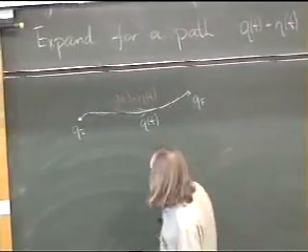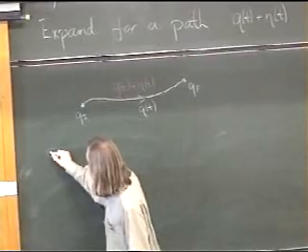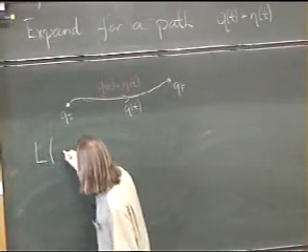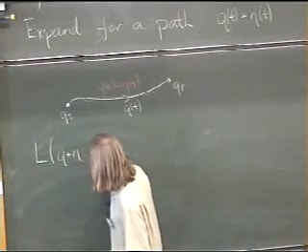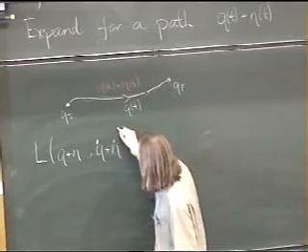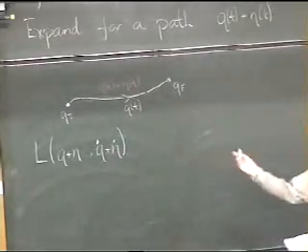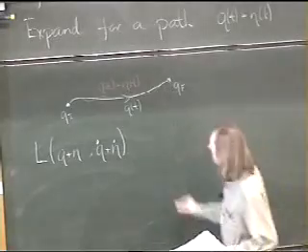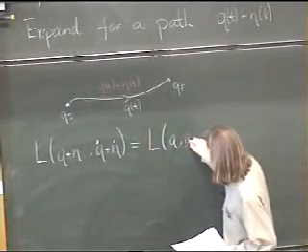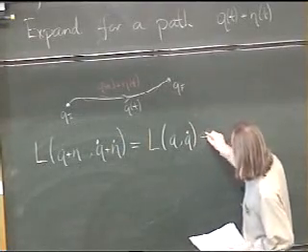Okay, so you put that into the Lagrangian, so it's just a function. This we can expand, so it's L of q, q dot.